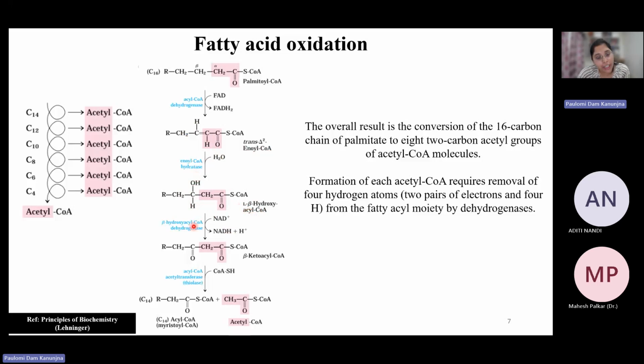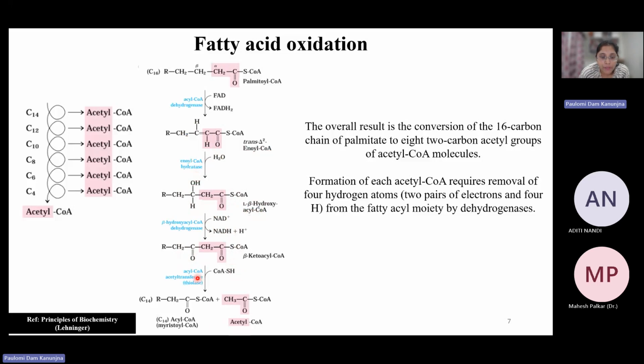In the next step, you again have a dehydrogenation of the same compound, by beta-hydroxyacyl coenzyme A dehydrogenase. So dehydrogenation, hydration, and dehydrogenation. And this dehydrogenation leads to this CO group here, and you already have a CO here.